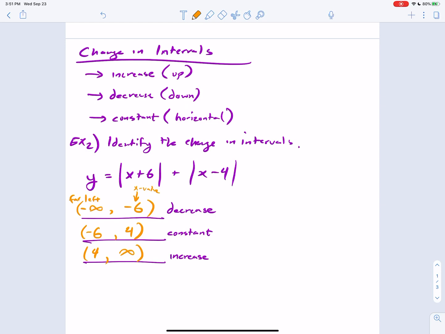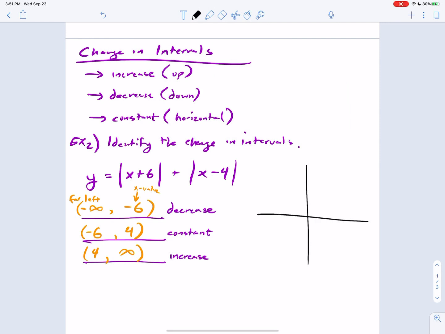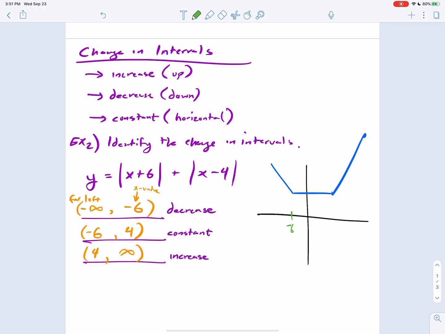All right, so when you have a picture, and I'll draw it here, it's not exactly accurate to what you saw, but something similar, just to give you a better idea. This is not to scale, but again, from negative infinity, from far left all the way up to negative 6, that function was decreasing.